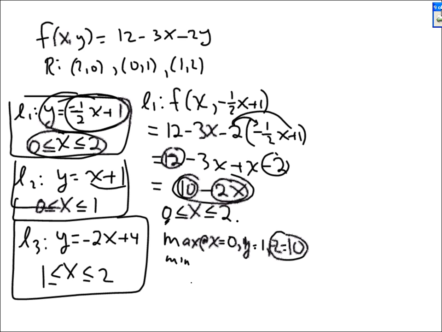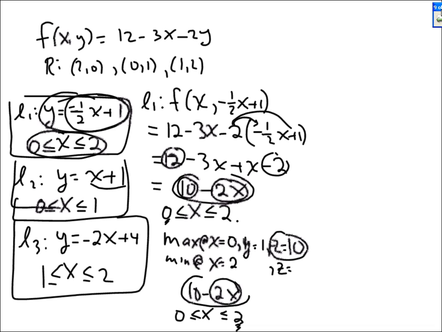The min value: 10 minus 2x, and x is between 0 and 2. You want to make this the least? Take away the most. Let x be 2. Then z is 10 minus 4, which is 6.